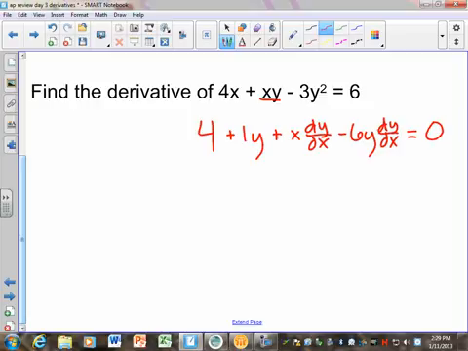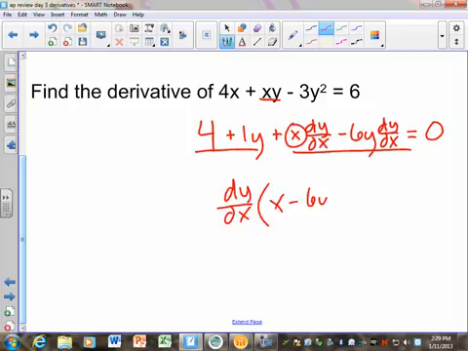And remember, we're trying to find the derivative, so we want to know what does dy over dx equal. So I want to get this to the other side, so I'm going to subtract it over, and I'm going to factor out the dy dx on this one at the same time. So if I pull out the dy dx, I would be left with x minus 6y.